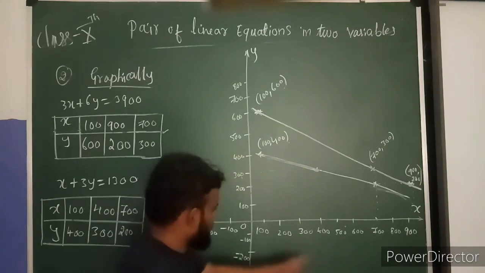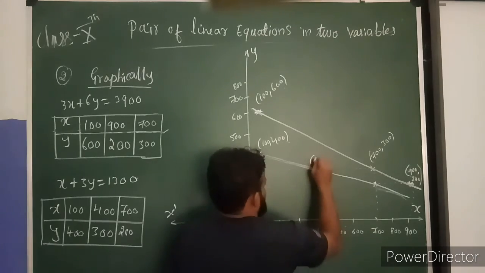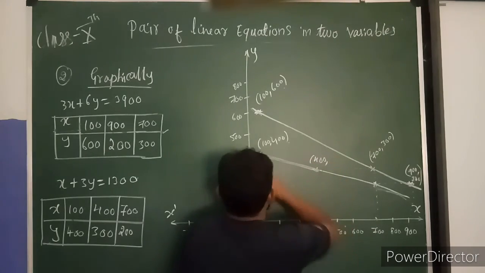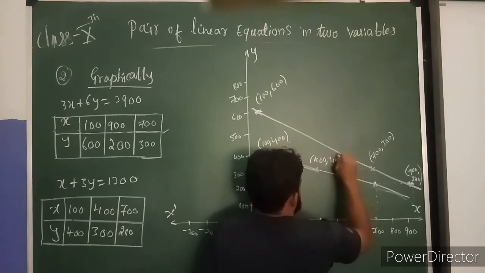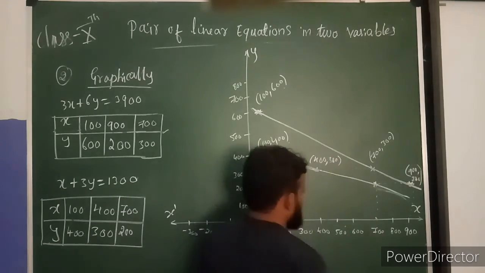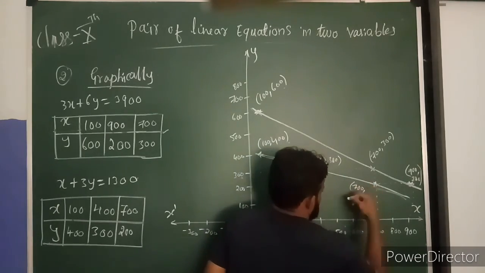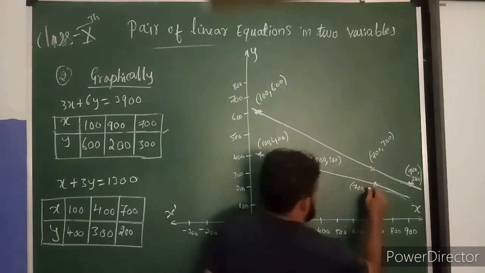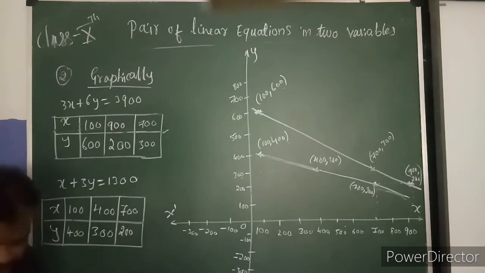Second point, x is 400 and y is 300. And here x is 700 and y is 200. This is the second graph we have done exactly.